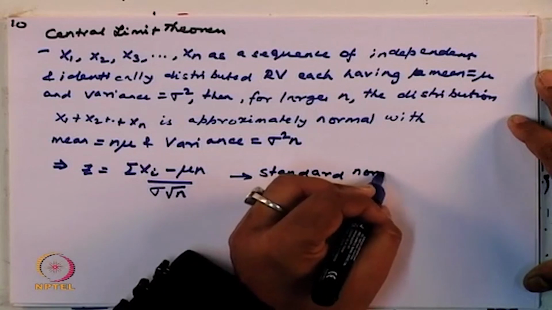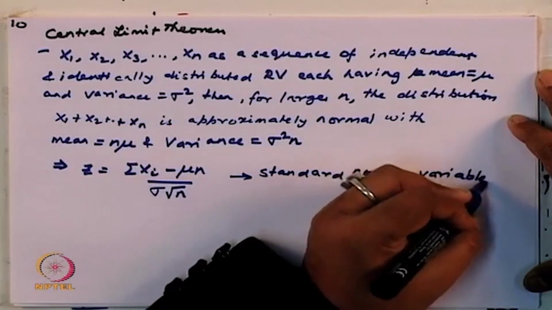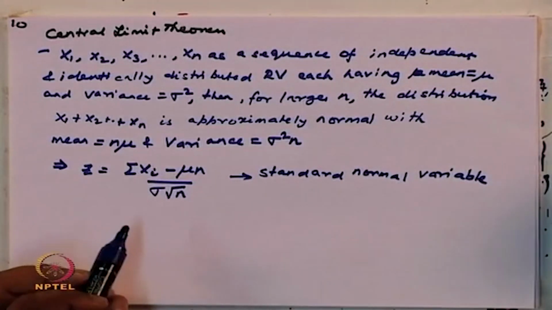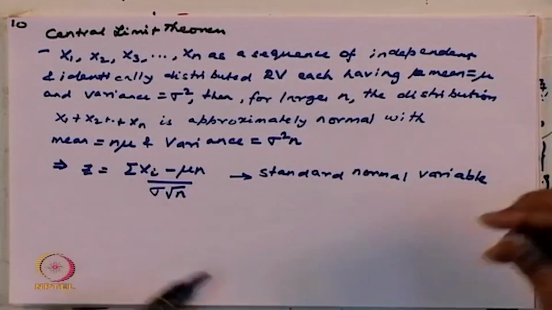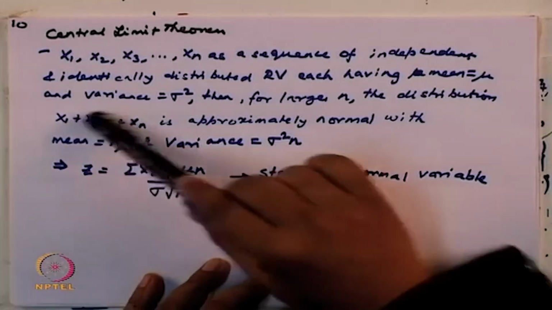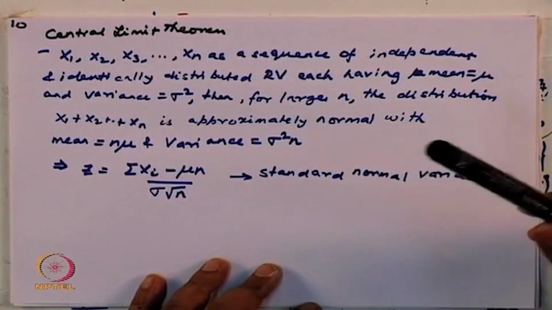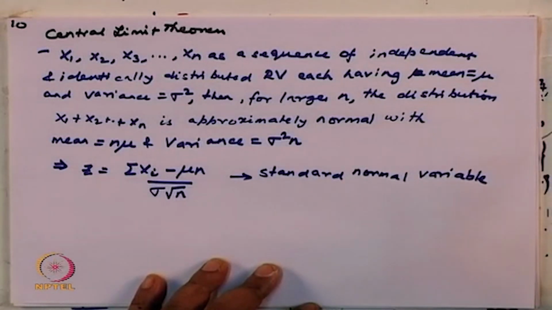So, if your individual xi are normal random variables by themselves, then this is always a normal random variable, independent of your choice of n.